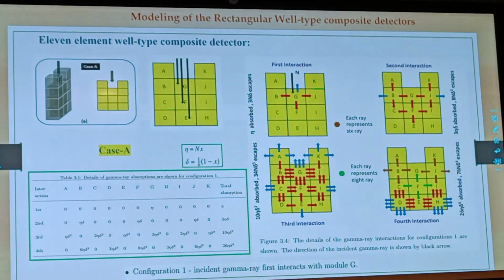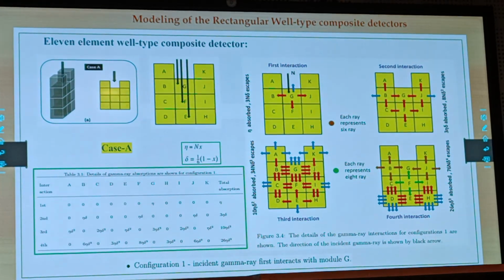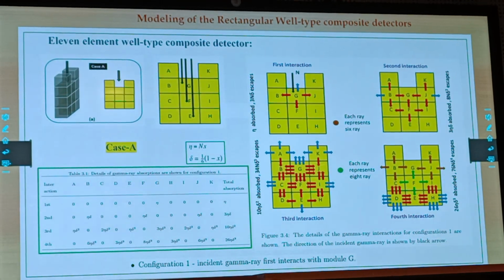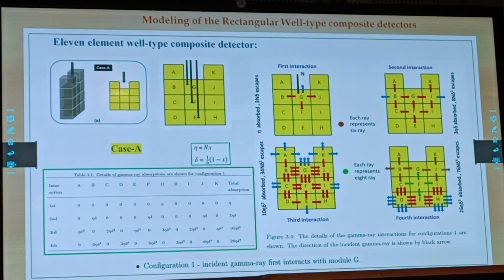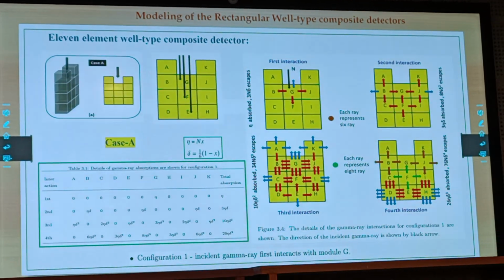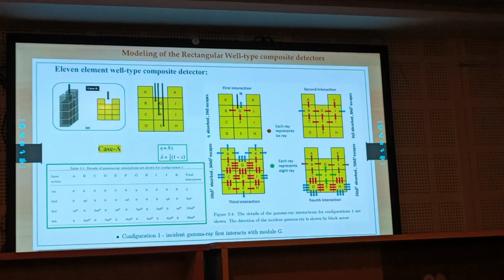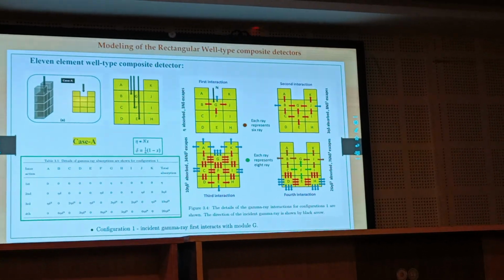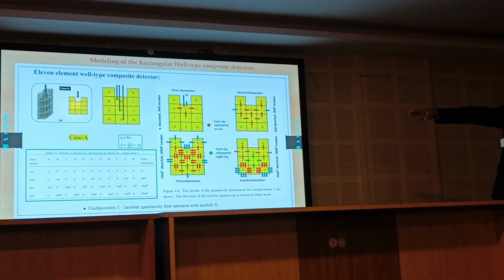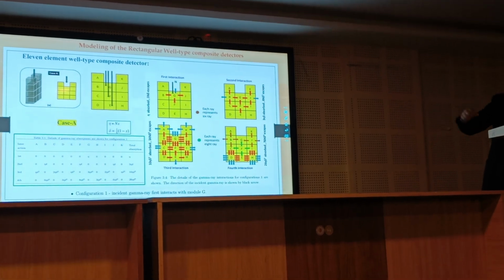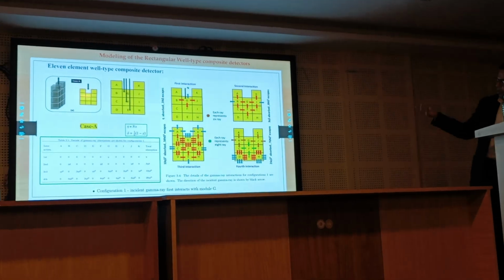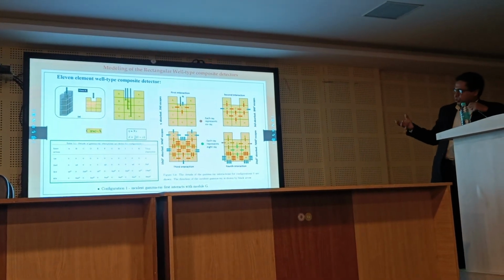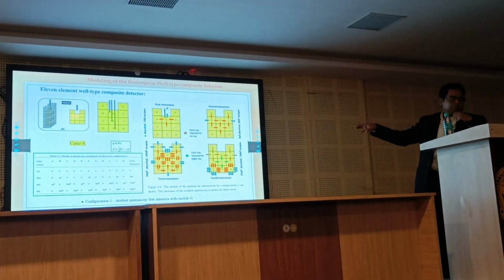Considering all these four interaction cases, we proceeded in a similar way and calculated the total counts, peak to total ratios, and add-back factors. Detailed calculations are not shown. We have just shown the tabular form of all these total absorptions in different interactions. Also, module-wise total absorption has been shown in the table.